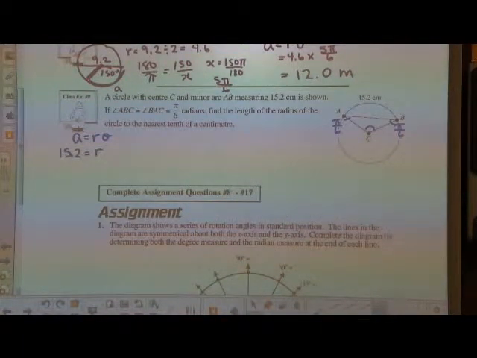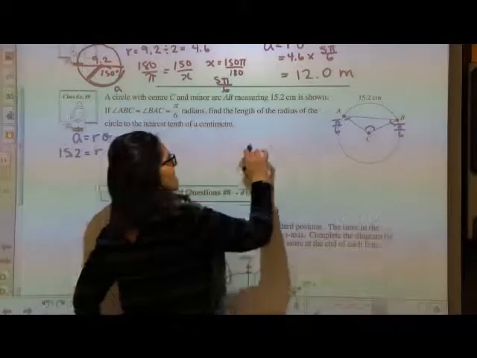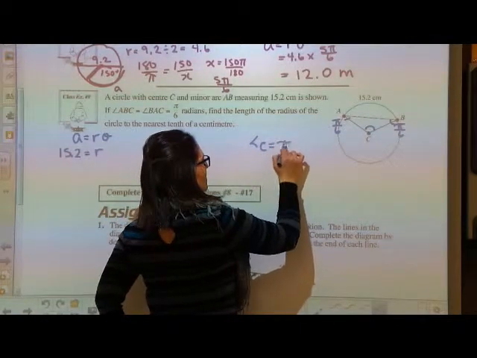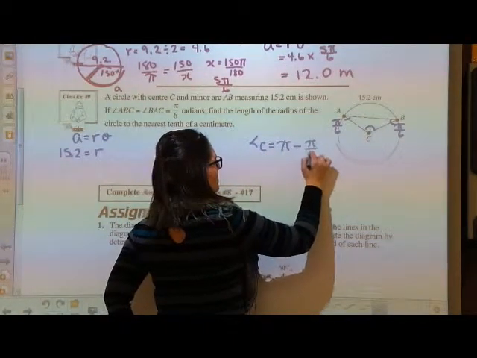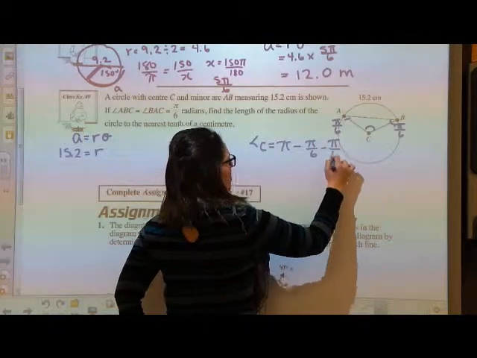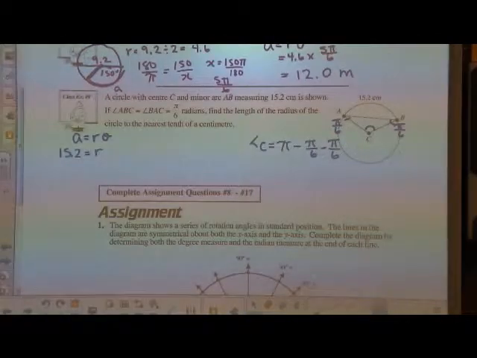Subtract pi minus pi over 6 twice. Why am I subtracting with pi? Pi is 180 degrees, and triangles all add up to 180. Does that make sense? So a triangle is 180 degrees, which in radian measure is pi.